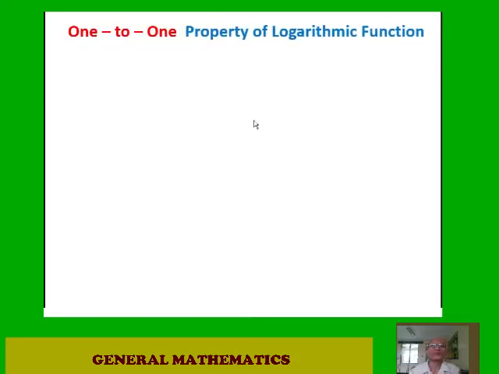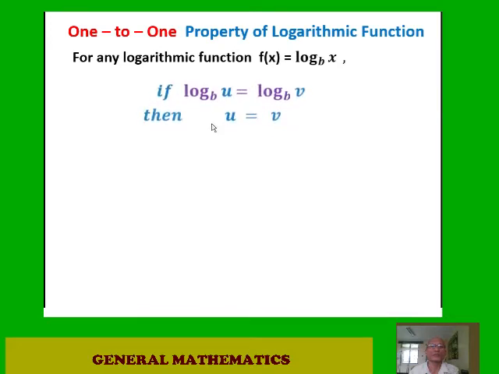Another, we have a property of logarithmic function which is called one-to-one. For any logarithmic function, f of x equals log x base b, if log u base b equals log v base b, they have the same base, both logarithms of u and v have the same base, then u equals v.